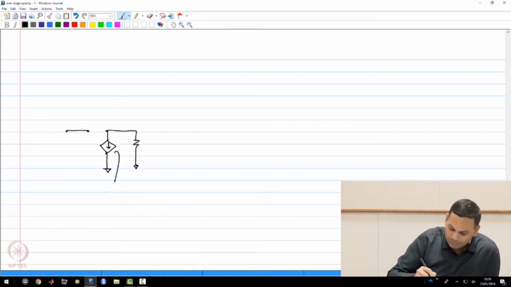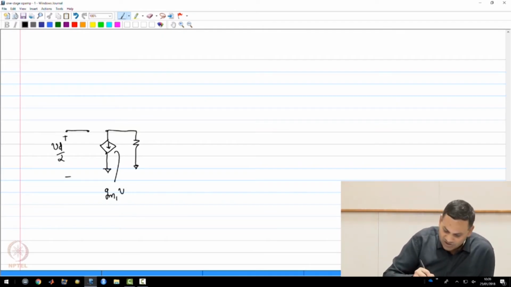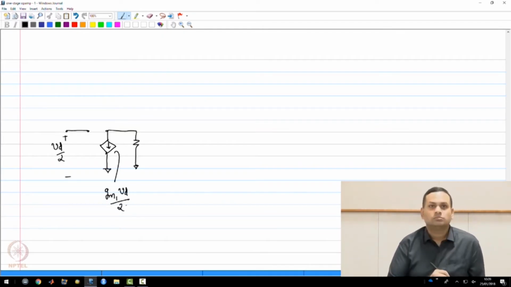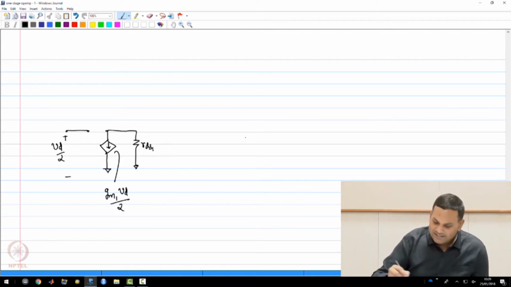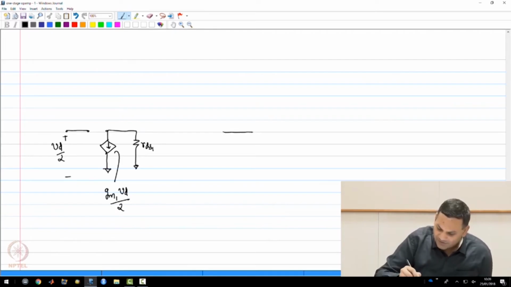so this is M1 and I'm applying VD by 2 for M1. So this is GM1 VD by 2 and this is RDS1. And similarly on the other side of the differential amplifier, I have transistor M2.